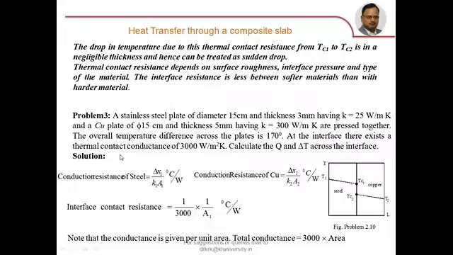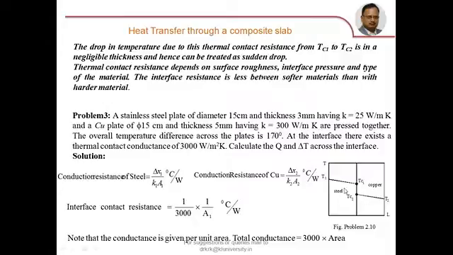So this is a problem related to a composite slab because you have different materials, steel and copper, attached together. And moreover, at the interface, there is a thermal contact conductance, which indicates you have to consider the resistance at the interface also. So altogether, there are 3 resistances for the heat to flow from one phase to the other phase.